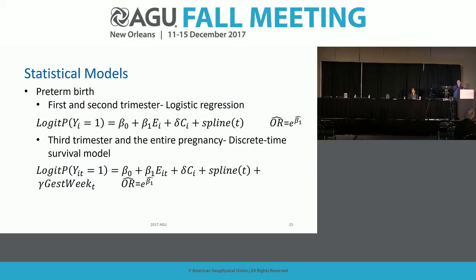So here, Y_IT represents whether a birth happened during week T for pregnancy I, and we also have the time-varying exposure level E_IT, which is calculated as the average PM2.5 concentration from week 27 to week T for the third trimester exposure, and from week 1 to week T for the entire pregnancy exposure.